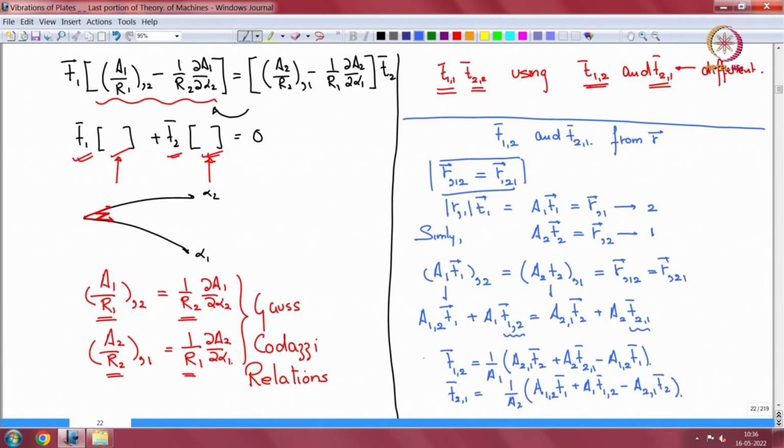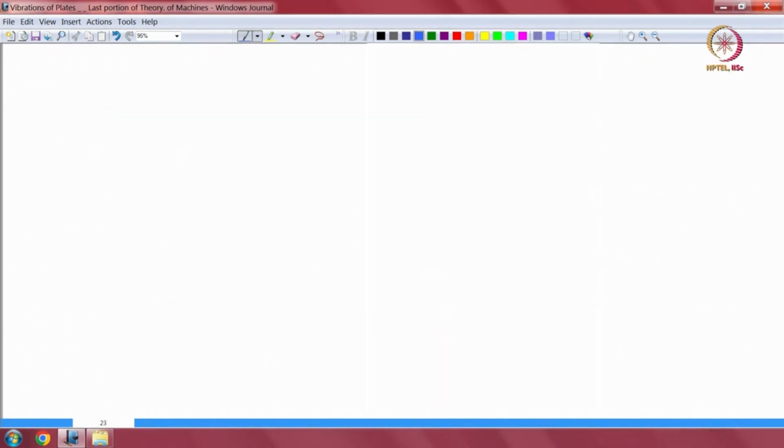Okay, this is a different formula for T1 comma 2 and T2 comma 1 arrived at from R. Now, how to get from here T1 comma 1 and T2 comma 2? I will just show one of these.